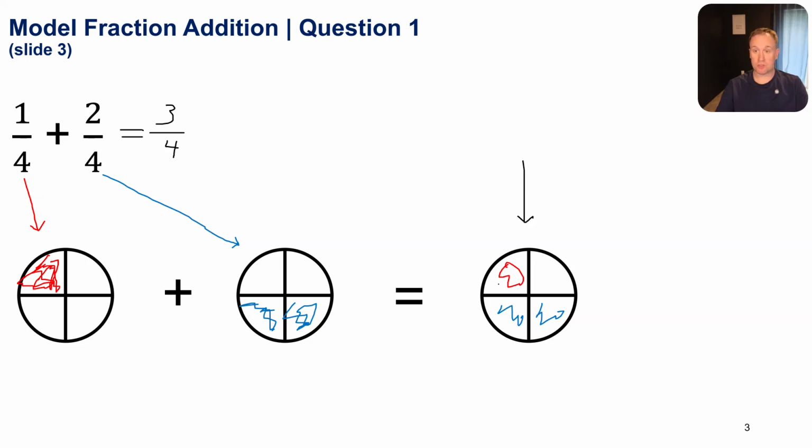So this is 3/4 of a fraction over here. Now, key thing to note here is when they're the same size slice, when you have the same denominator, you're adding your numerators and then you're writing the sum of that over the same denominator.